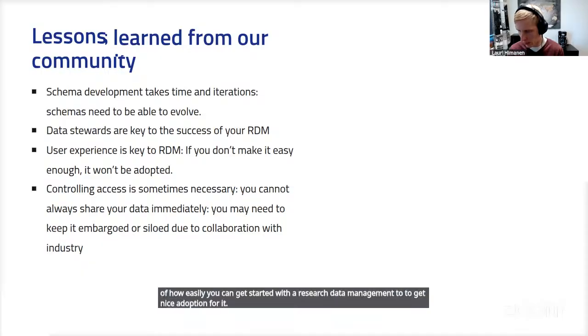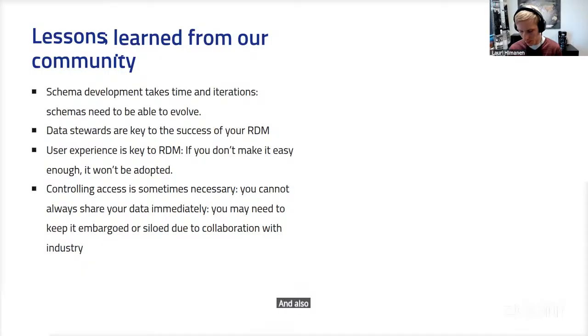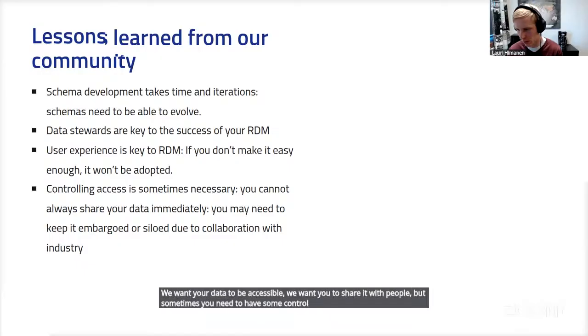And also, although we at FAIRmat are all about FAIR data, so we want your data to be accessible and we want you to share it with people, sometimes you need to have some control over access to your data. So you cannot always immediately share your data.